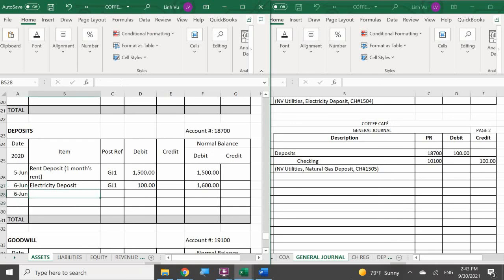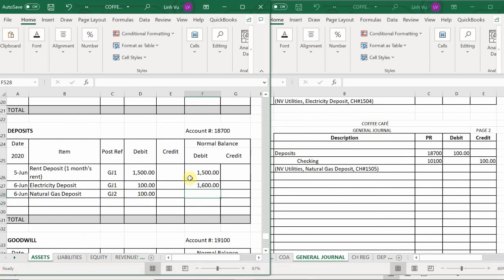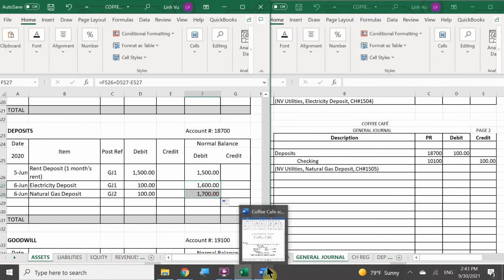And this time, this is natural gas deposit. General journal number 2. And we're increasing it by $100. So therefore, what is my total amount? 1,700. Good. Okay.